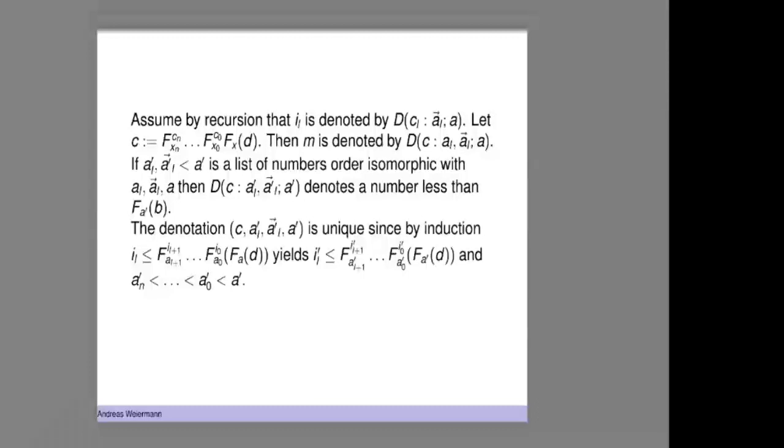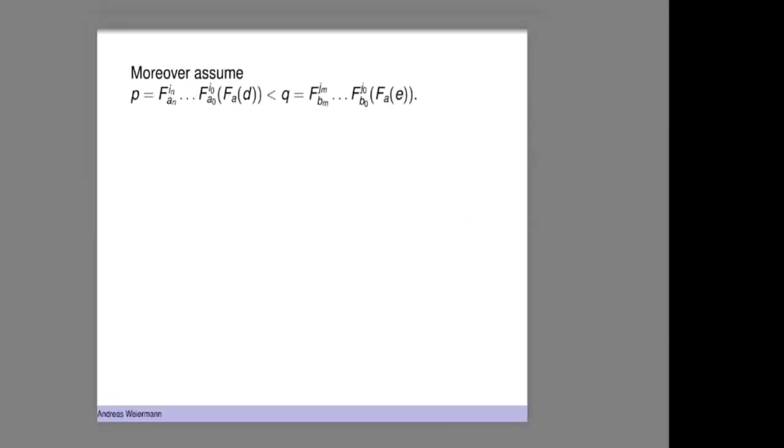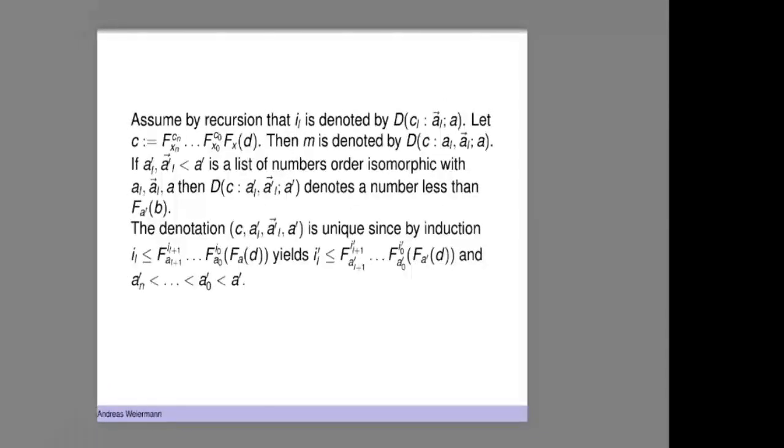And then by some induction hypothesis, I can assume that less-than relations are preserved under moving around parameters. So if I change Il and go over to Il prime, then it's less than or equal to the following iteration.